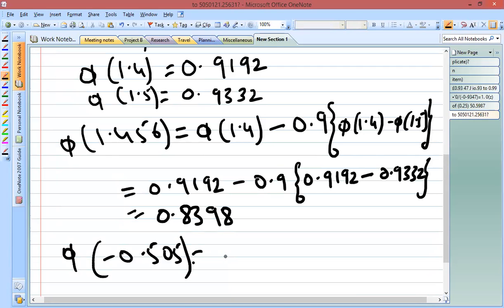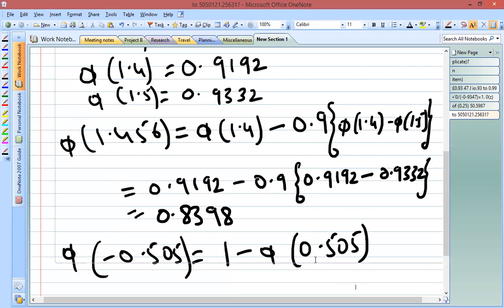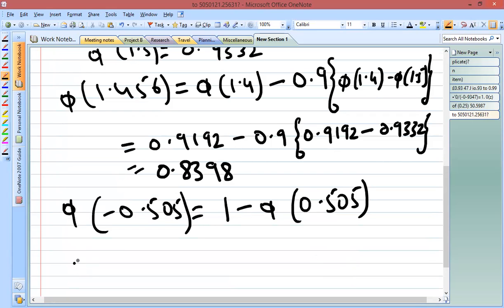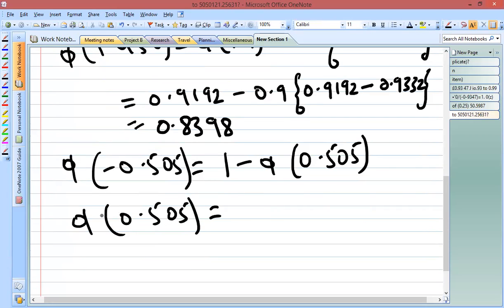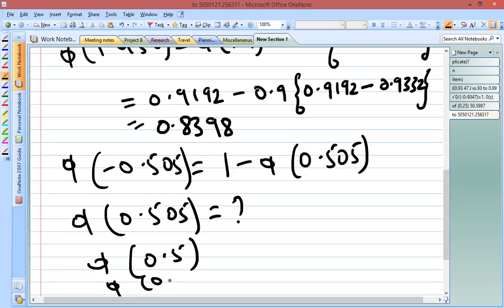So this can be obtained as 1 minus phi of plus 0.505. So for this you need phi of 0.505 value. So get this value from the table. So 0.505 lies between phi of 0.5 and phi of 0.6. So tabulate phi of 0.5 and phi of 0.6.